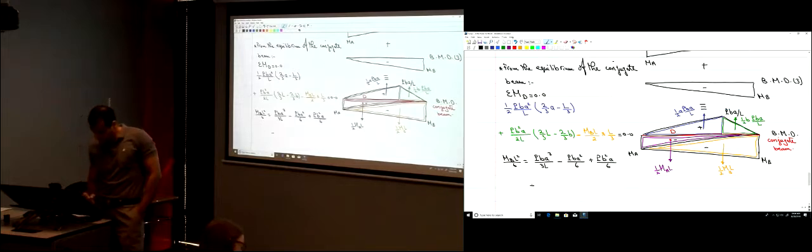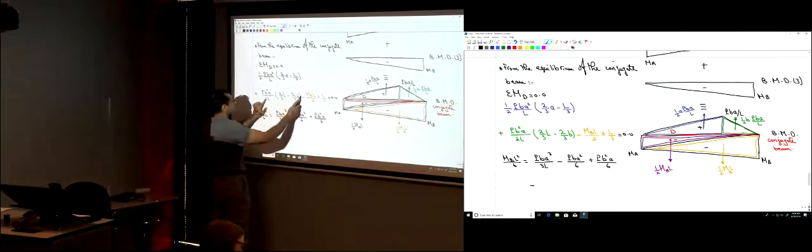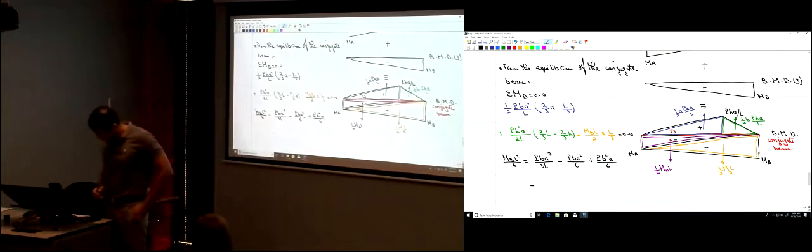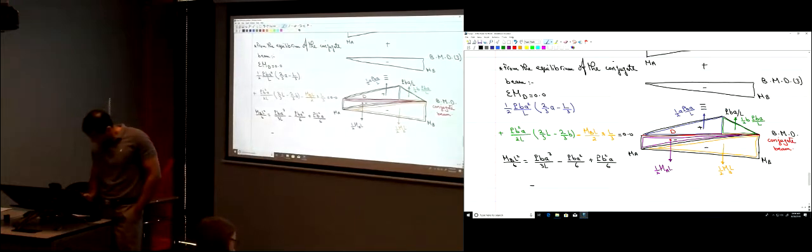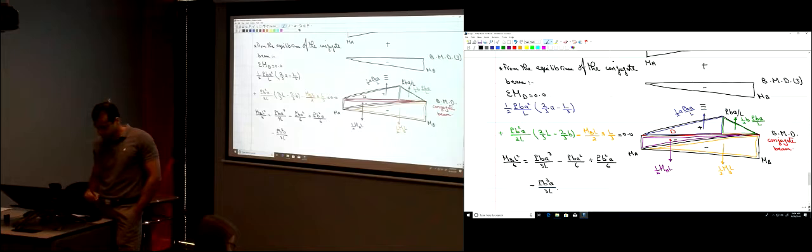And then minus, the 2 cancels with the 2, and the B becomes cubed. Okay? So here, where is that? P B cubed A divided by 3L. Okay?